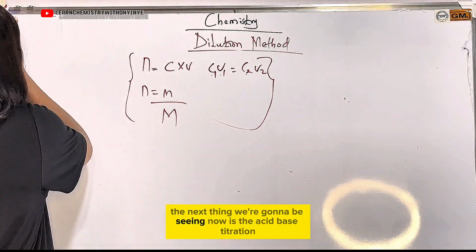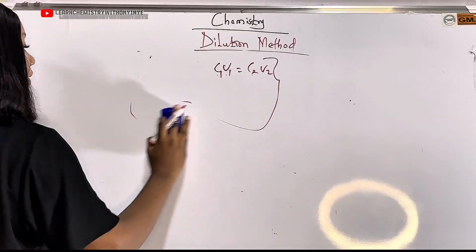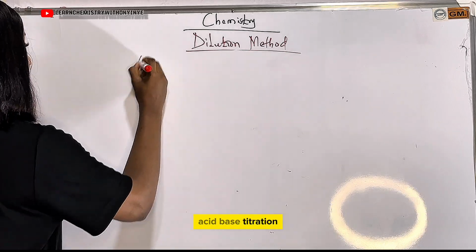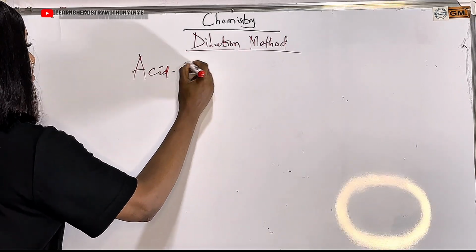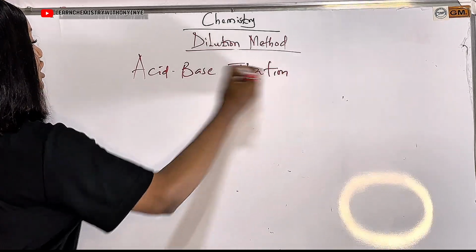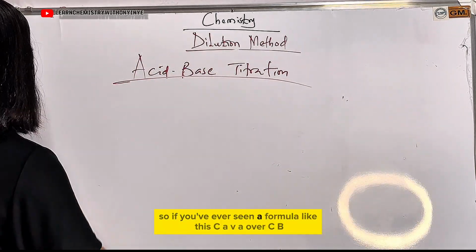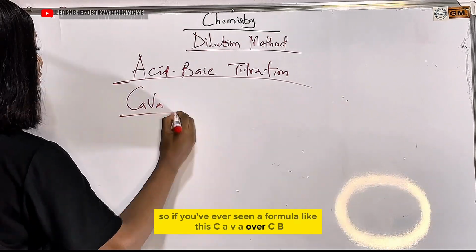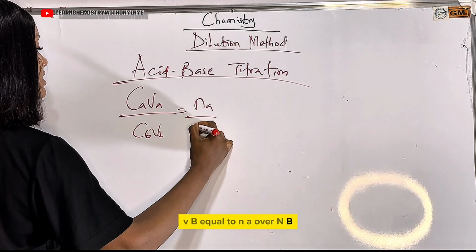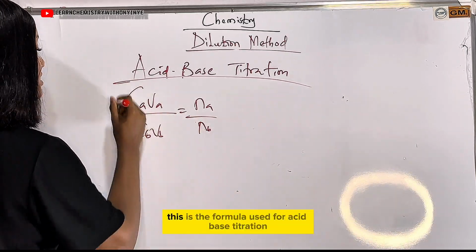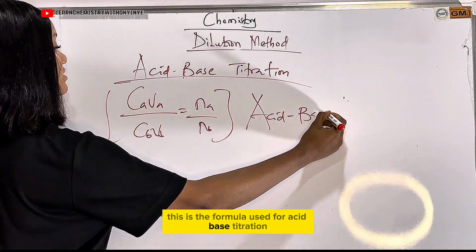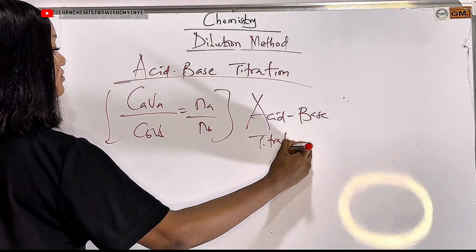So the next thing we're going to be seeing now is the acid-base titration. If you've ever seen a formula like this, CAVA over CBVB equal to NA over NB, this is the formula used for acid-base titration.